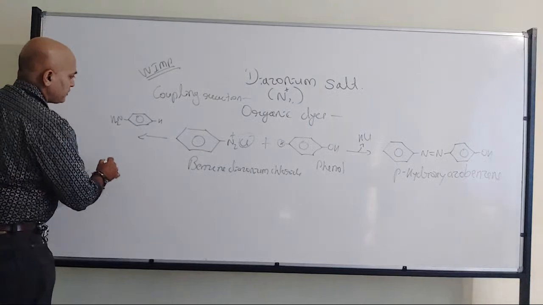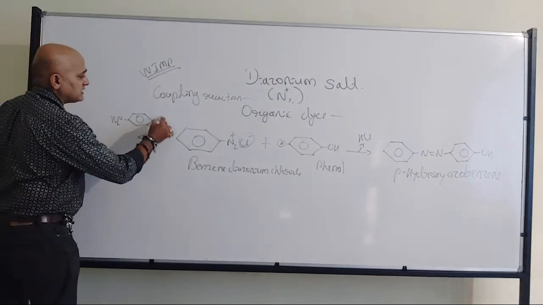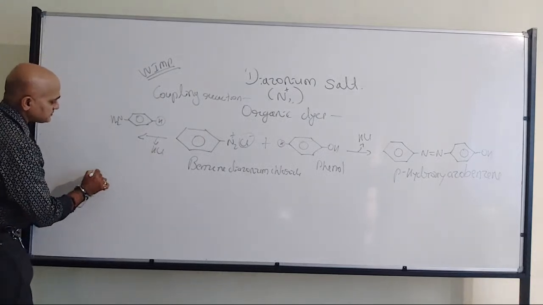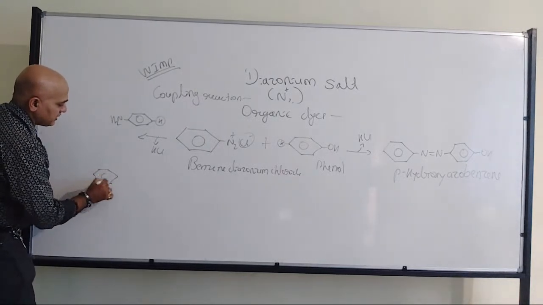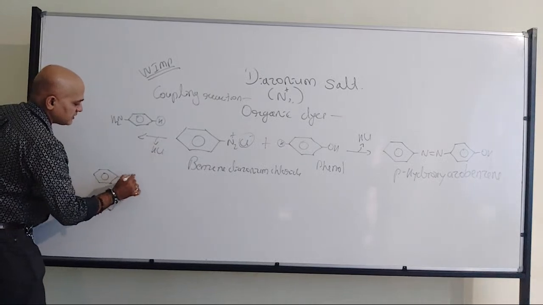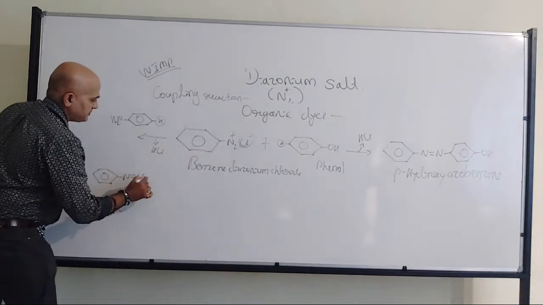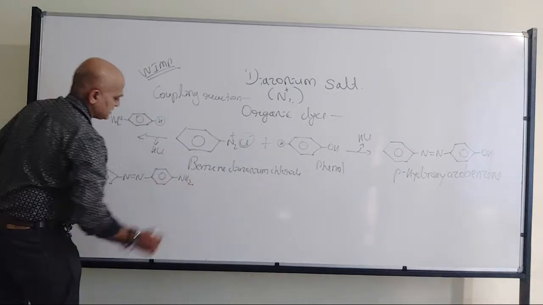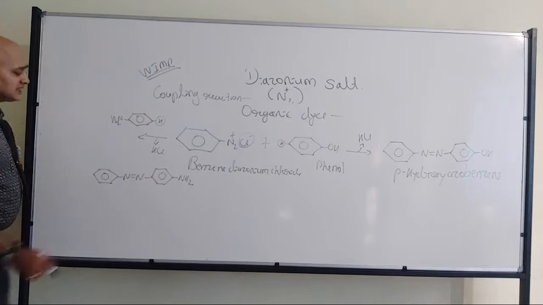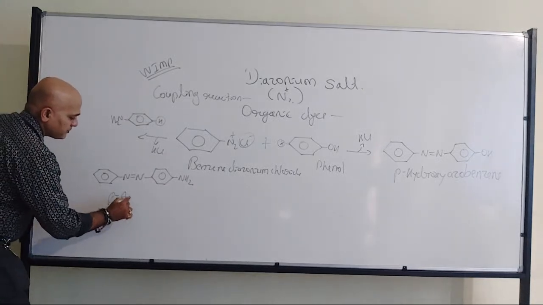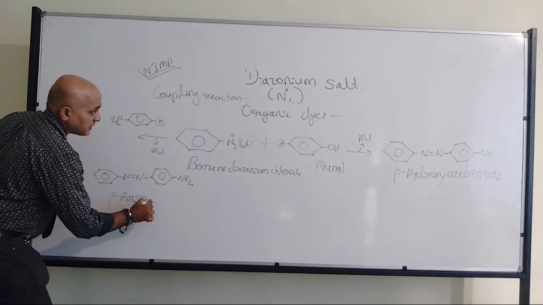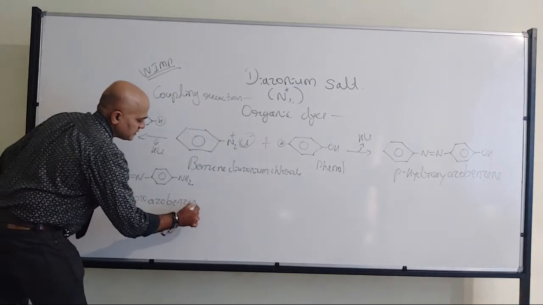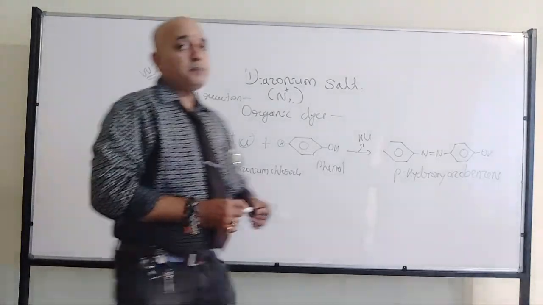Now here what will happen? Once again, this H and this Cl minus, HCl will be released. Once again, we are going to have the benzene, nitrogen, then aminobenzene. So it can be called para-aminoazobenzene.